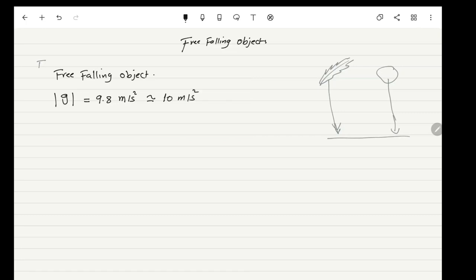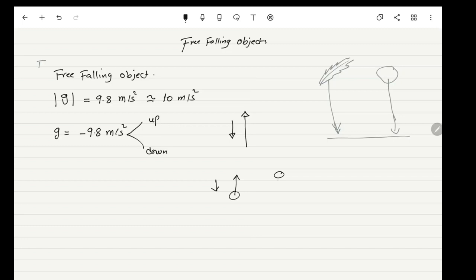Now if we consider y in the positive up direction here, g will be directed downward. So g is negative: g equal to minus 9.8 meters per second squared. Whether the object is moving up or moving down, both have the same acceleration, minus 9.8 meters per second squared. For example, if we throw an object up, it has an acceleration downward.